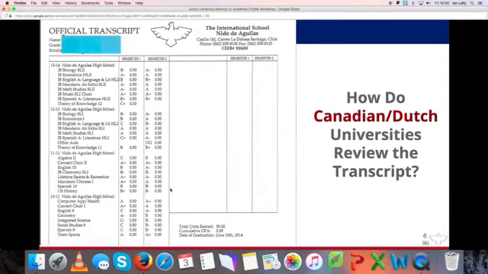For you partial diploma students, they're also looking at your predicted grades for any course exams that you take, so that's also an important part of your academic picture. There's about a 50-50 balance between any exams you're going to take for Dutch universities or Canadian universities and your in-class grades, which is your transcript that you see here.